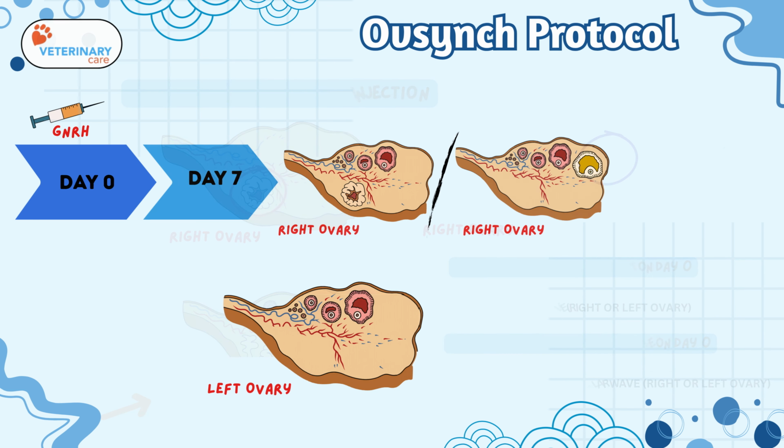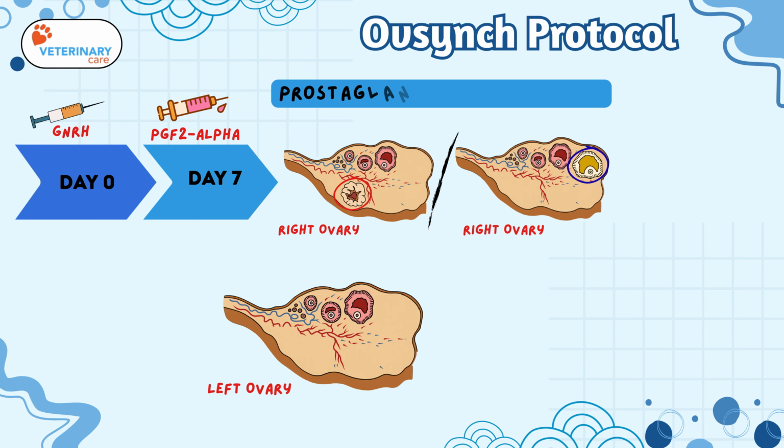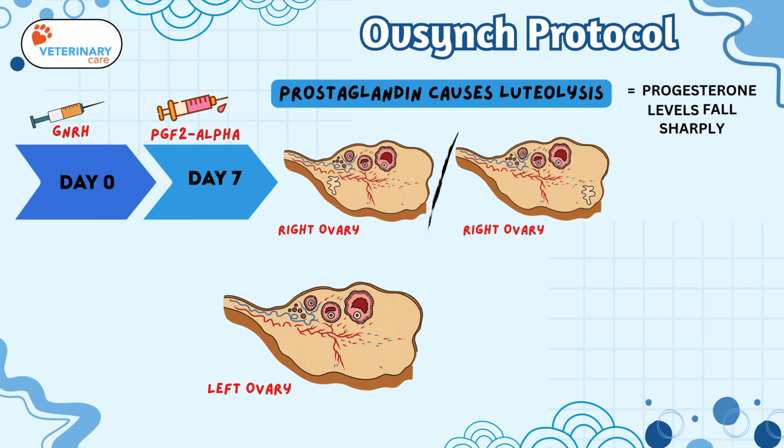Now continue to day 7, on which the true corpus luteum or luteal tissue is mature and actively producing progesterone. On day 7, prostaglandin F2α is given. Prostaglandin causes luteolysis, meaning the corpus luteum or corpus luteum-like tissue breaks down on the right ovary. As it regresses, progesterone levels fall sharply.